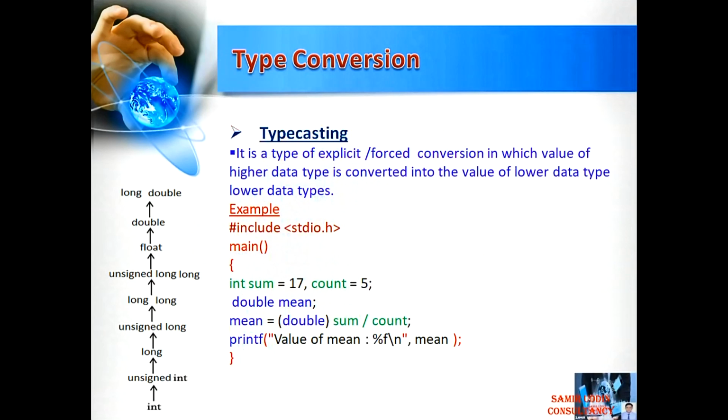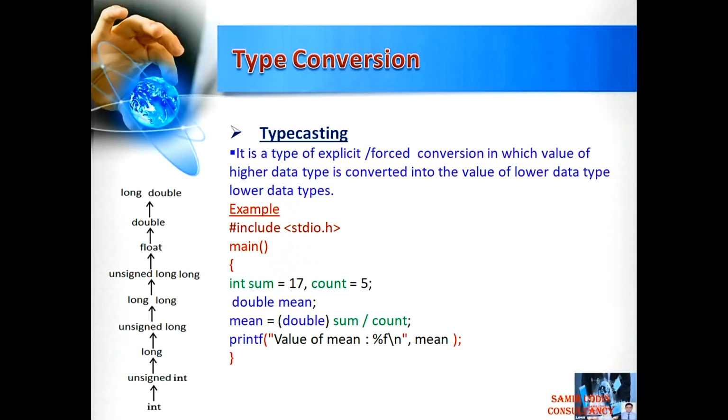Next is type casting. Type casting is explicit or forceful conversion, in which the value of a higher data type is converted into the value of a lower level data type. It is under the programmer's control, while type conversion is not under the programmer's control.